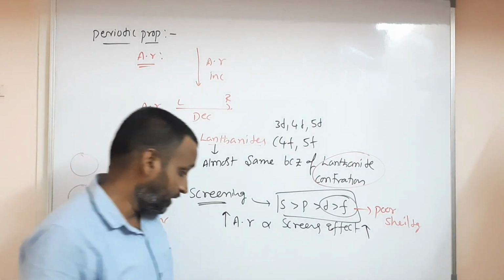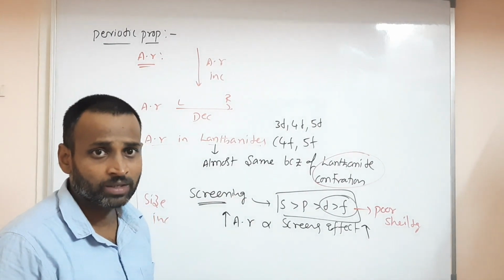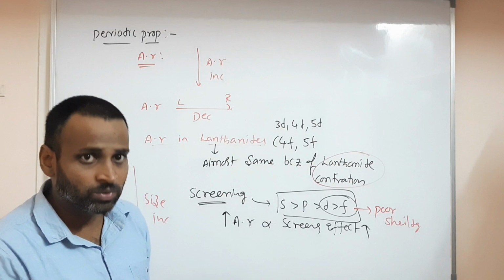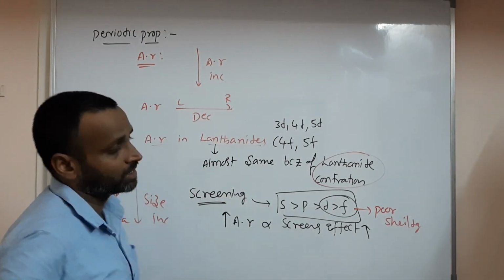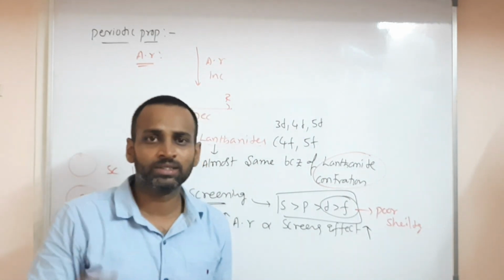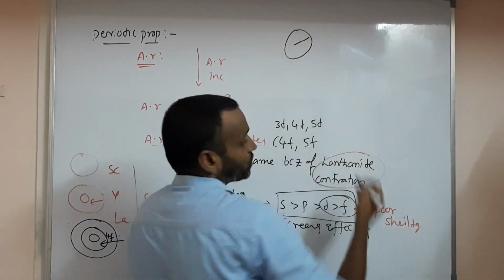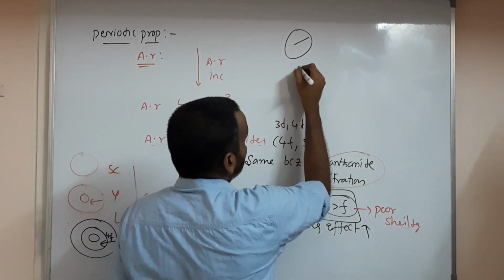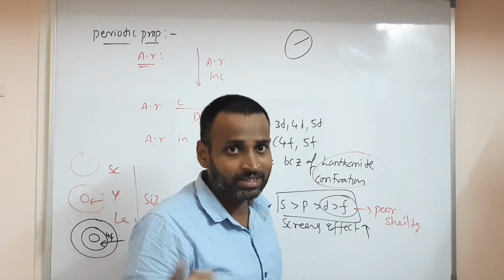Okay, so radius also depends on nuclear charge. As nuclear charge increases, the outer subshells are attracted towards the nucleus. So from left to right, that's why the radius decreases. Please go through the radius types. Atomic radius is actually the distance from the nucleus to the outermost shell. But radius depends on the nature of the bond, because atoms are not in a free state except noble gases.